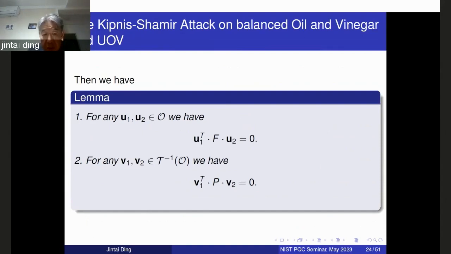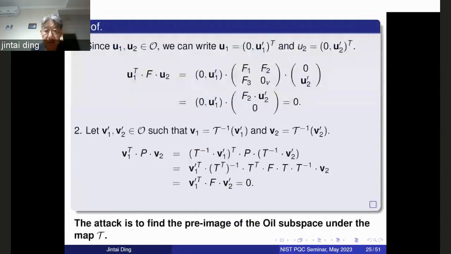Which means the transformation T shifted the Euler space to another place. Nevertheless, such a subspace still exists, which is T inverse O.